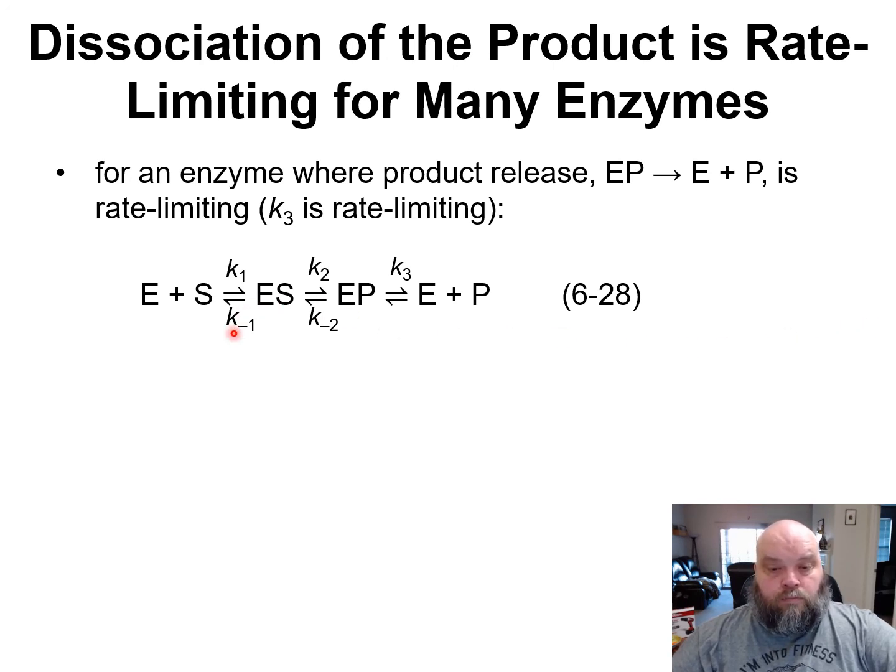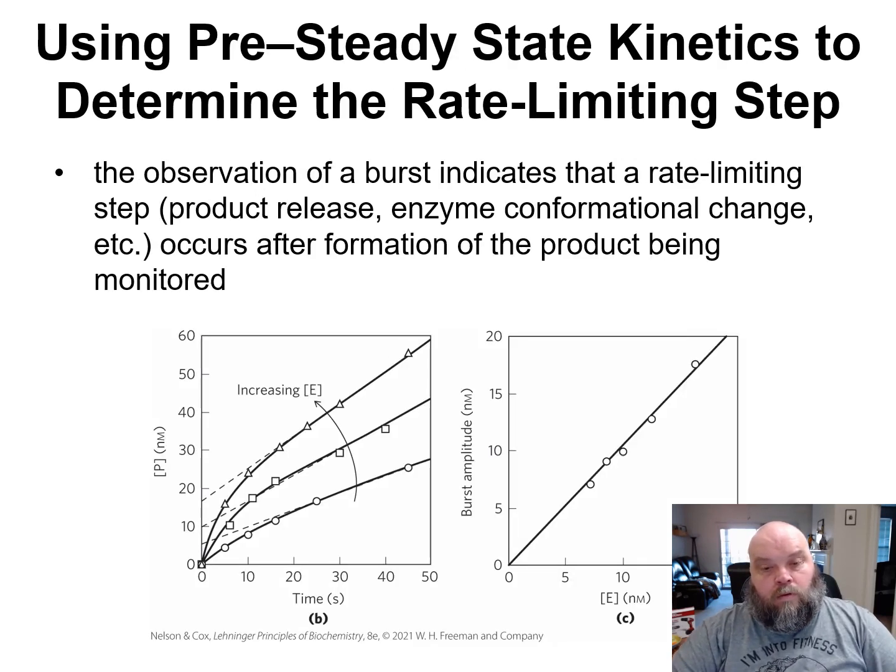So, for an enzyme where product release, EP plus EP is rate limiting. So that's the K3 step. We see that the K3 limits just how fast the enzyme can reset to become free enzyme and take up more substrate.